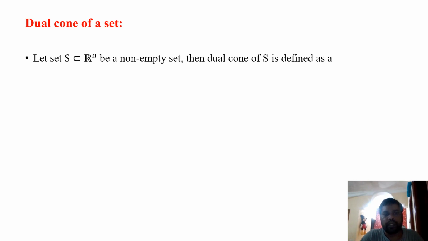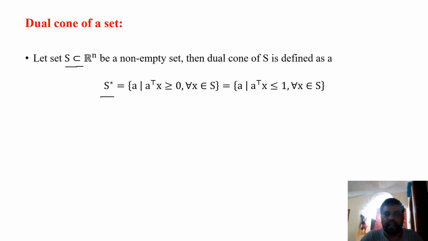Again I am going to consider a non-empty set S in Rn, and the dual cone of S, that means S star, we can define as the collection of all directions A such that A transpose X is greater than or equal to zero for every X in S. It says that for all these directions A in the dual cone S star, the set S happens to be in the positive half space.